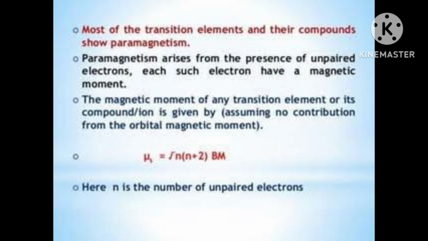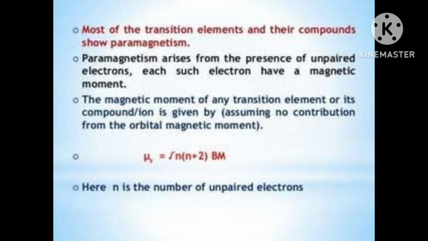For the compounds of the first series of transition metals, the contribution of the orbital angular momentum is effectively quenched and hence is of no significance.